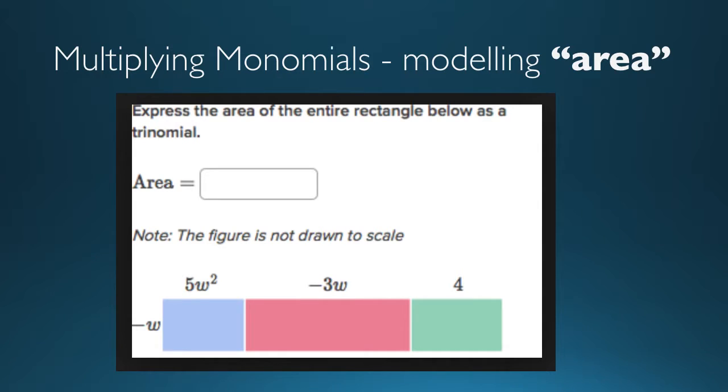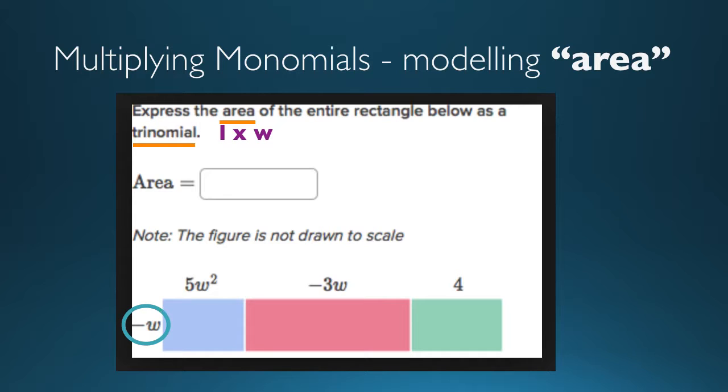So here is an example where we are being asked to express the area of the entire rectangle below as a trinomial. So you can see at the bottom there's a rectangle with 3 parts. So remember, area is length times width.